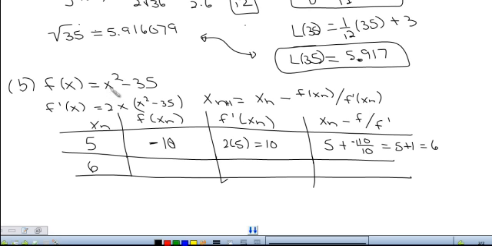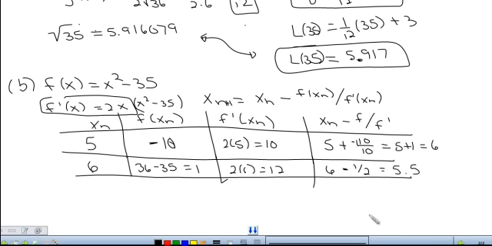So as I substitute 6 here, I get 36 minus 35, which is 1. If I substitute 6 into the derivative, I get 2 times 6, which is 12. So now I'm going to have 6 minus 1/12, which is 5.917. Let's do one more, with 5.917.